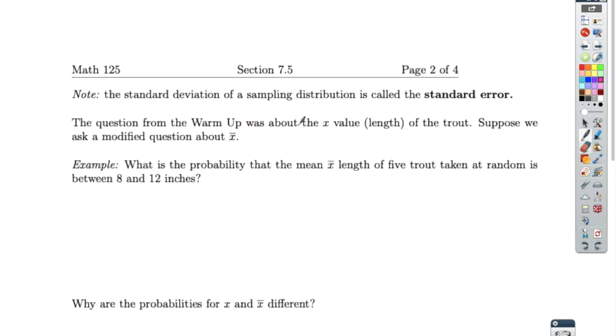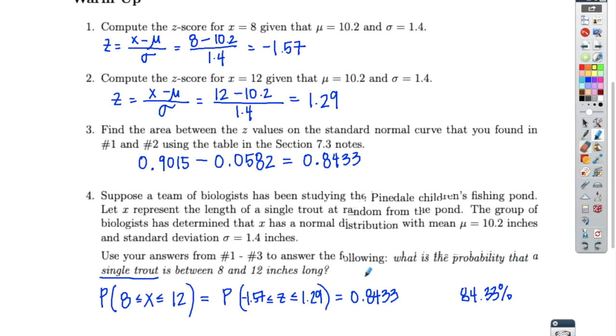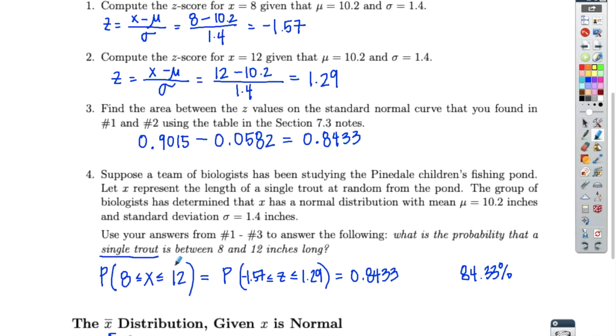So the question from the warm-up was about the x value, the length of a single trout. But again, suppose we want to ask a modified question about x bar, the mean length of a certain subset of trout. So the question then would become, what is the probability that the mean length, x bar, of 5 trout taken at random is between 8 and 12 inches? So let me just emphasize the difference between these questions. In the warm-up, we talked about the probability that a single trout is between 8 and 12 inches.